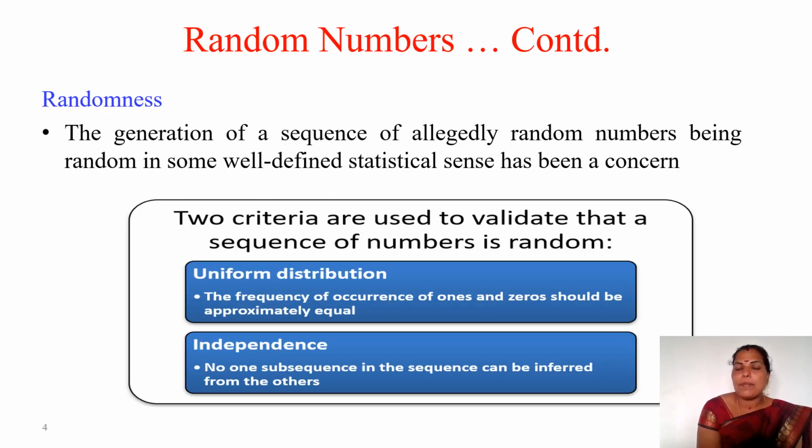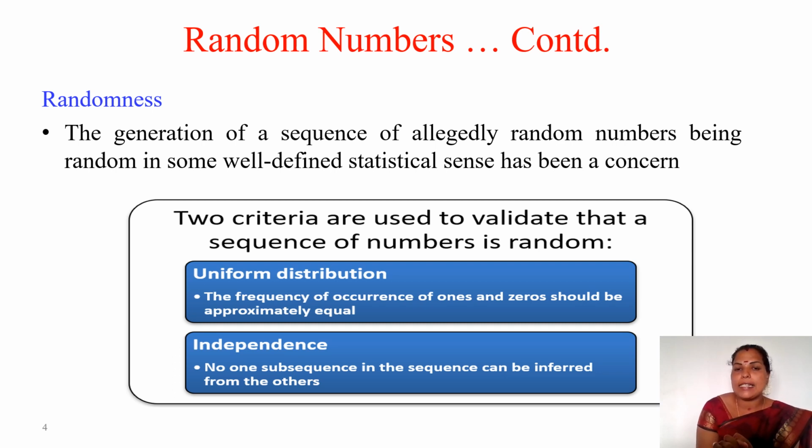First is randomness, that is, the generation of a sequence of allegedly random numbers being random in some well-defined statistical sense has been a concern. We generate a random number and have to check whether it has the randomness property. There are two criteria to check randomness. One is based on uniform distribution.